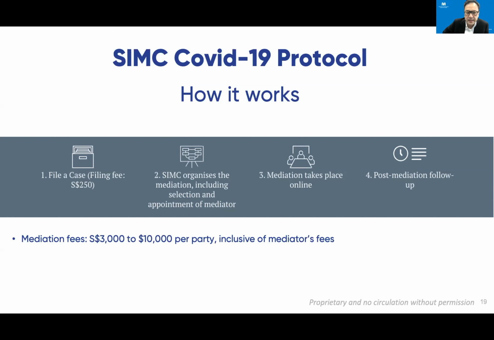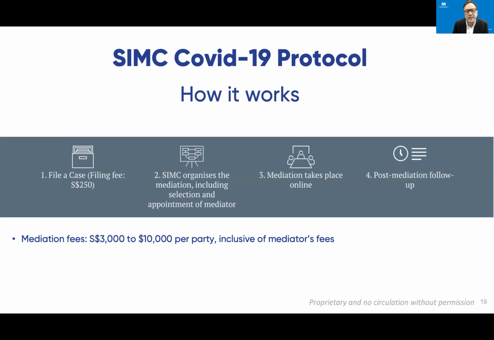And you heard from Sandy earlier that IPOS is very happy to subsidize up to $12,000 for a mediation, so it's $6,000 per party. So you can see that almost all your mediation fees can be subsidized by IPOS. Of course, certain rules and conditions will apply.